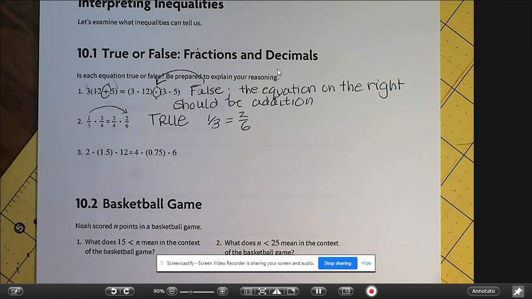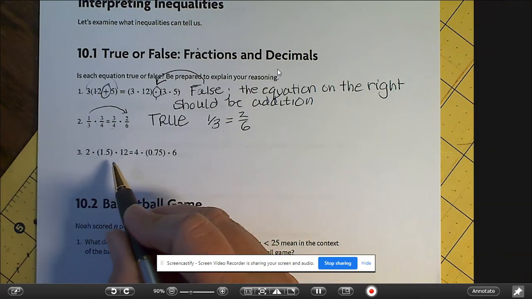Number 3, 2 times 1.5 times 12 is equal to 4 times 0.75 times 6. So let's take a look at this.